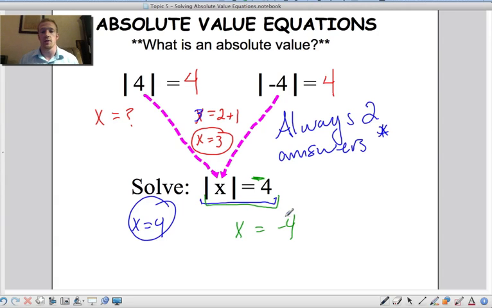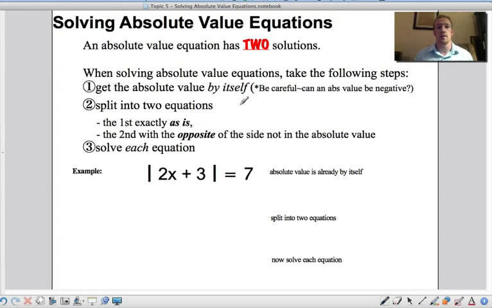And I don't have to do any of the steps, so that's solved. So you're going to break this into 2 equations. One stays exactly the same, and one you make whatever is outside of the absolute value the opposite. So if it's positive, it's negative. That's basically just these steps. Alright, so we have to have 2 solutions.